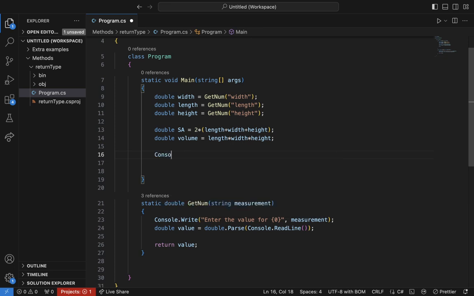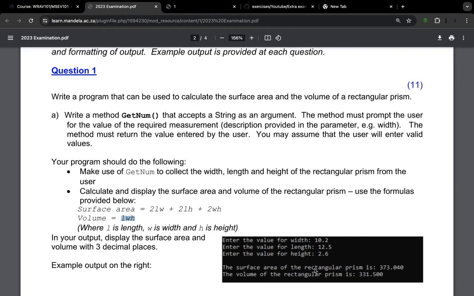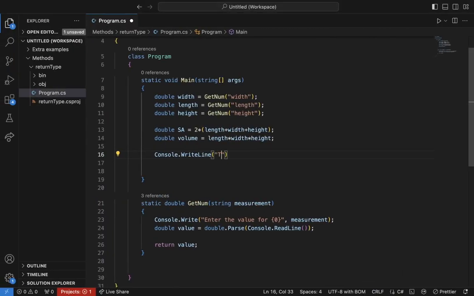And then Console.WriteLine, we are doing the surface area of the rectangular prism is, then we pass in the surface area, right?